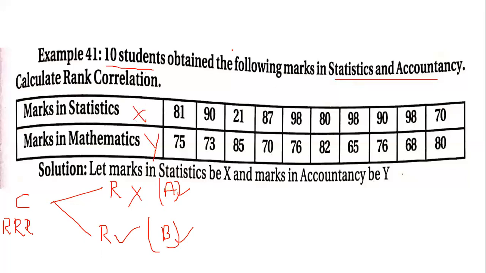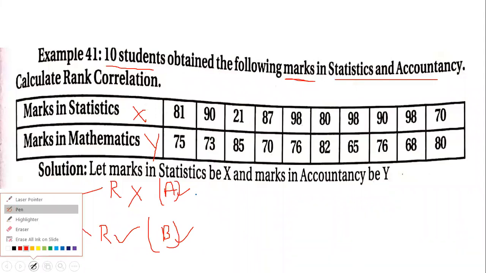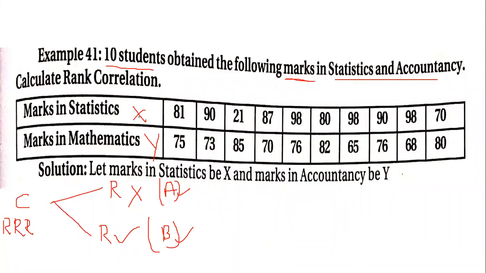In the present problem, ranks are not given because it clearly says marks in statistics. Okay, marks are not ranks. Rank is used for final decision making. So in this problem we will have to assign the ranks and then solve the problem.